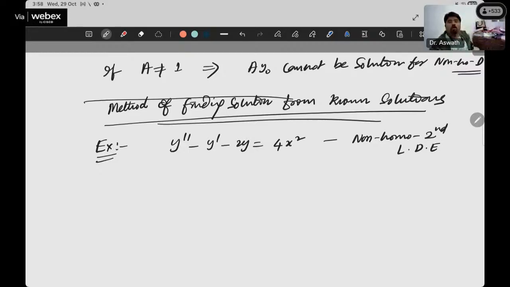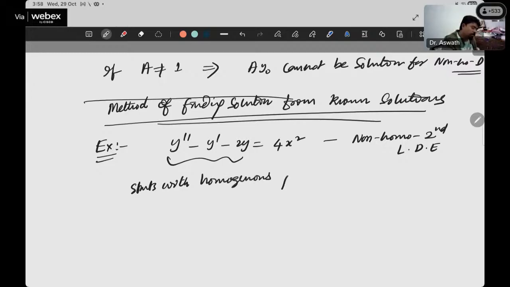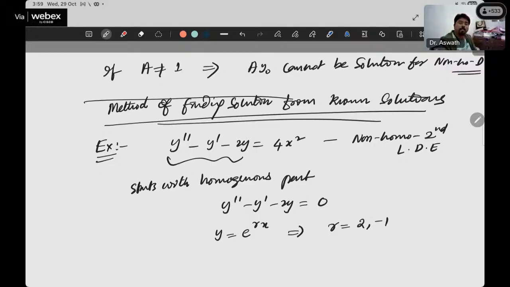Now, who can give you the general solutions? You can find them yourself for the homogeneous part. Start with the homogeneous part: y double dash minus y dash minus 2y is equal to 0. The solution would be exponential of rx, which implies the r values come out to be 2 and minus 1.